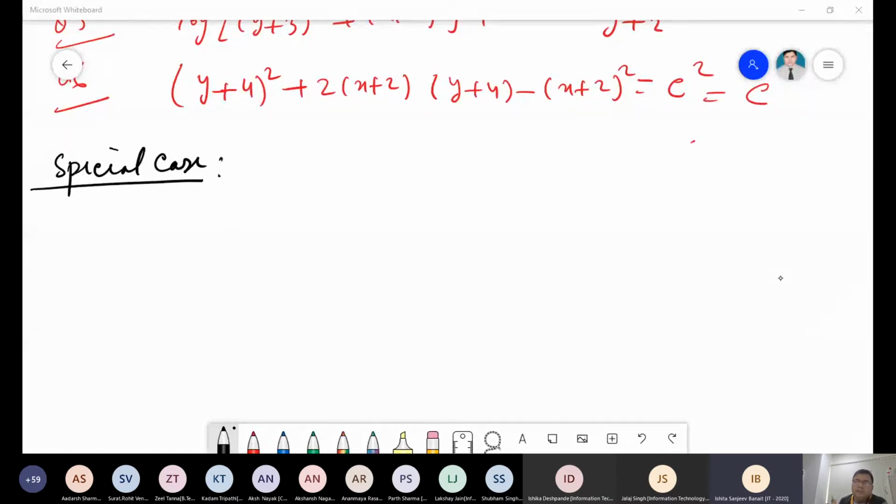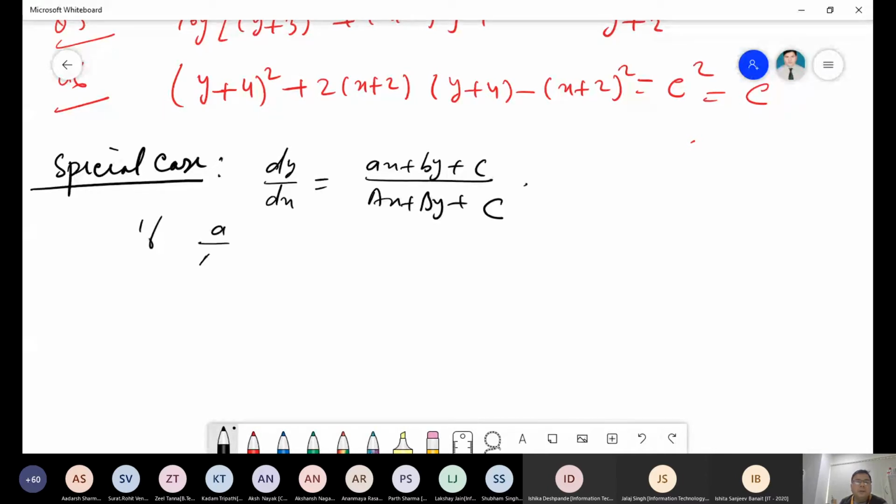Good, very good. So the special case is that for dy by dx equal to ax plus by plus c upon capital AX plus capital BY plus capital C, if small a upon capital A is equal to small b upon capital B, then in this case h and k cannot be obtained.